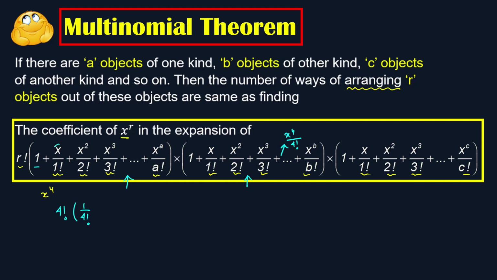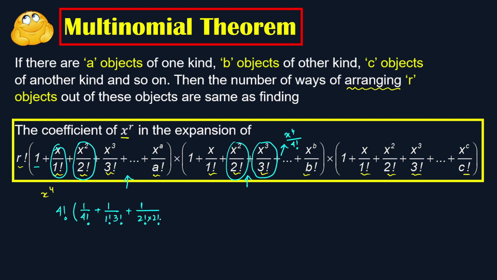Next, when this one is multiplied with this, we get the coefficient of x to the power 4 as 1 over factorial 1 into factorial 3. Similarly, when this is multiplied with this, we get the coefficient 1 over factorial 2 into factorial 2.